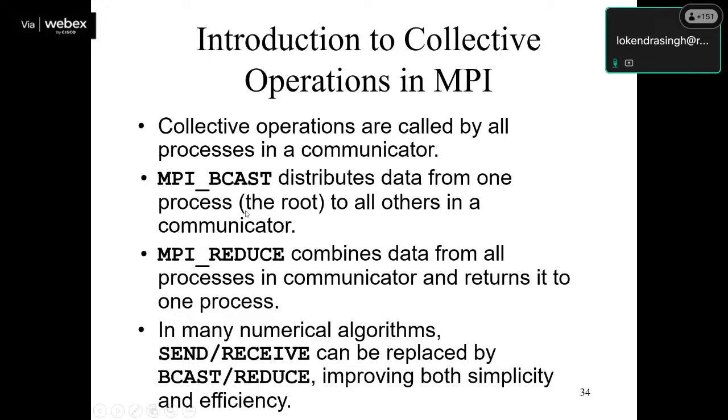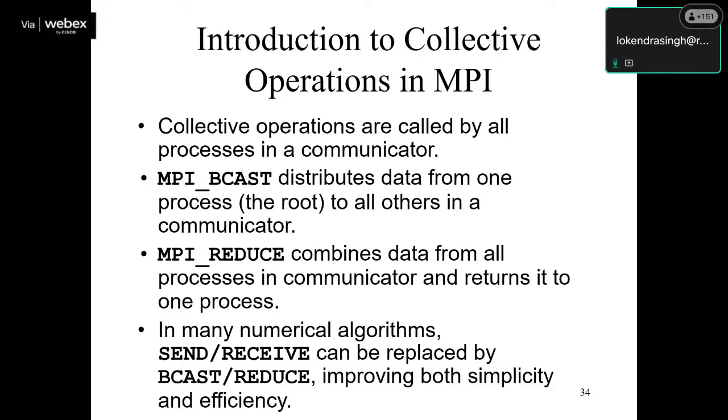First one is MPI_Bcast, that is called broadcast. It sends a message from the process with the rank root, root means 0, to all other processes in the group. Just as in broadcasting, one process can broadcast to all other remaining processes. MPI_Bcast, broadcast.